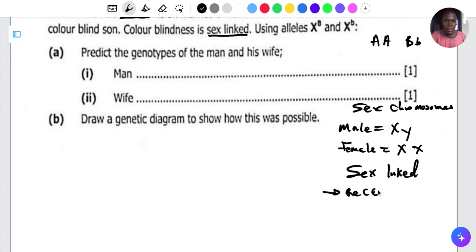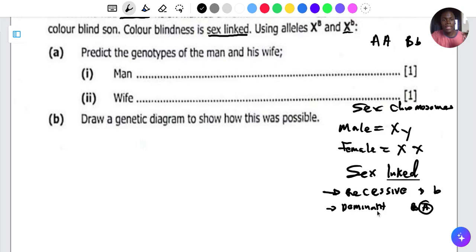What are recessive alleles? Recessive alleles are less powerful, they are overshadowed by the dominant. Usually we use small letters for these. When you see a small letter like this one, that is a recessive. When you talk of a dominant, usually for dominant alleles we use capital letters like capital letter B, capital letter A. These represent the dominant.